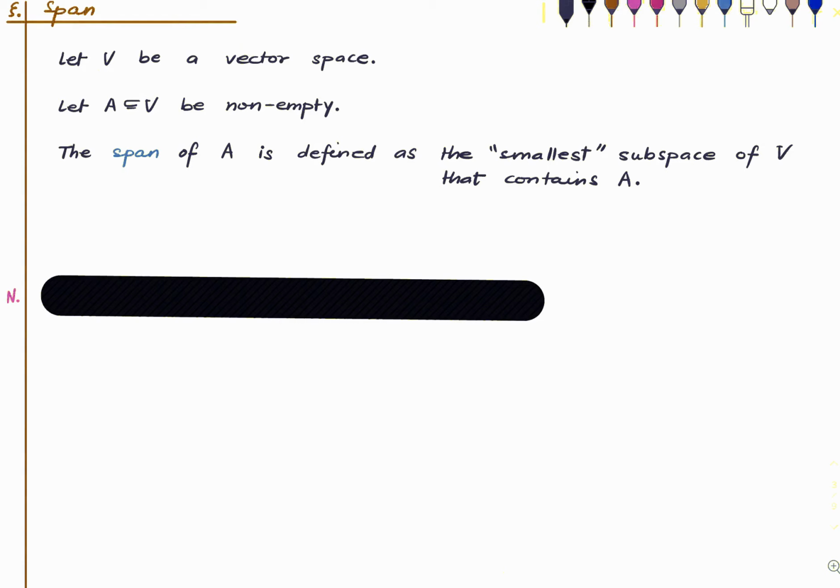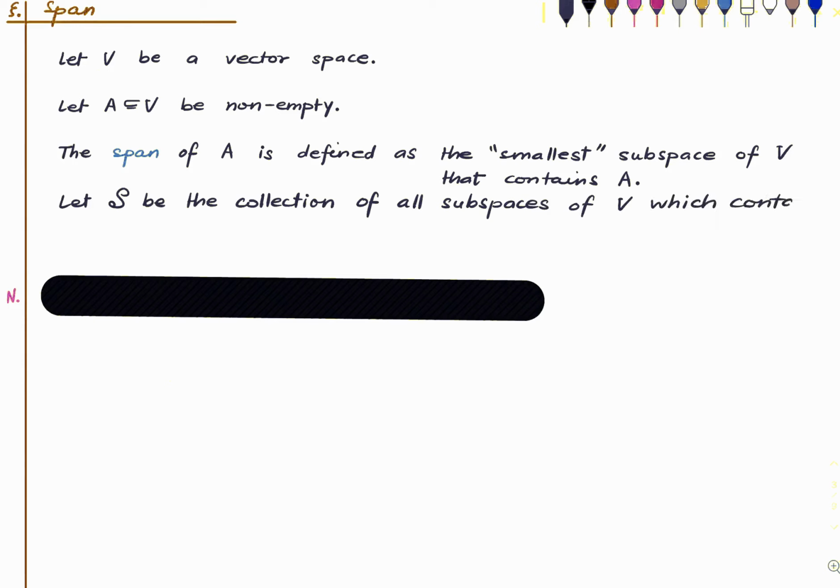We want to define span of A. Let the script S be the collection of all subspaces of V which contain the set A. Then span A is defined as the intersection of all the things in script S. So in this sense, it is the smallest subspace that contains A.